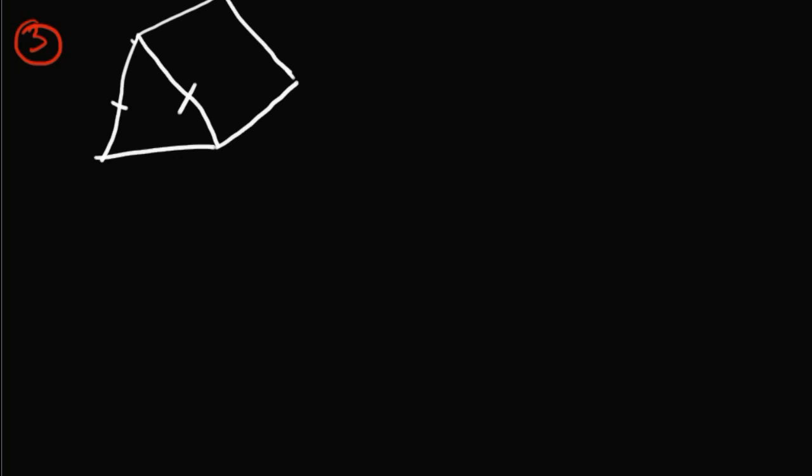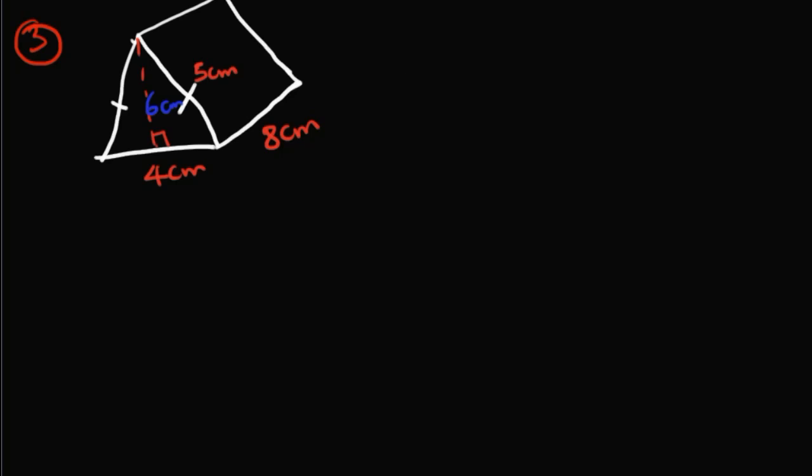So we have an isosceles triangular prism. So if we have this as 4 centimeters, we have this as 5 centimeters, the height of the prism is 8 centimeters, and we have the height of this isosceles triangle as 6 centimeters.